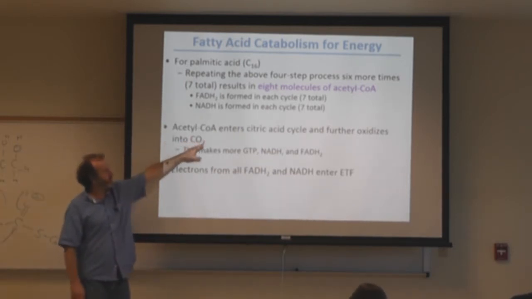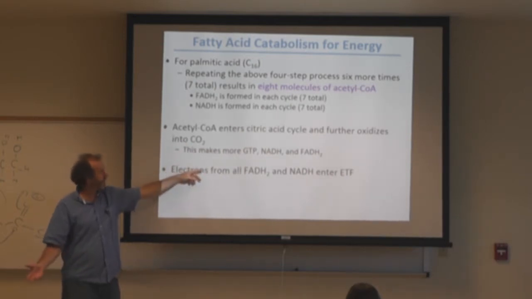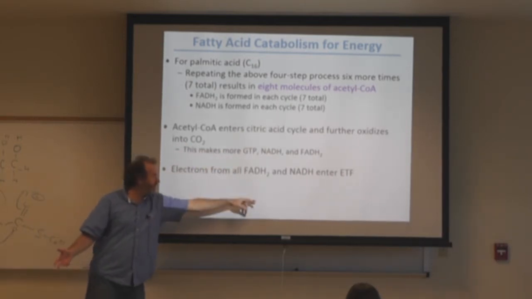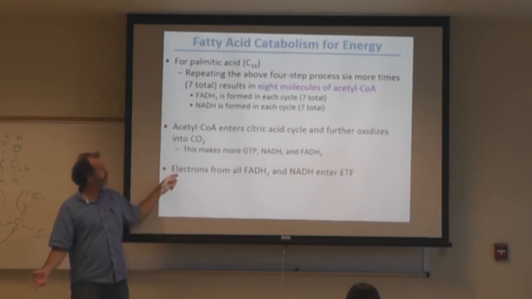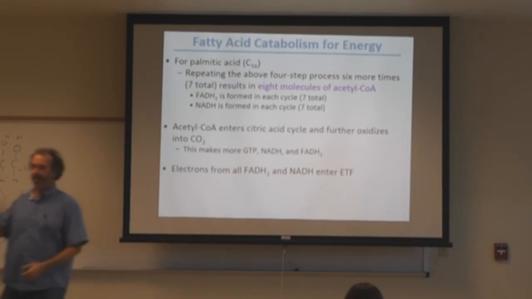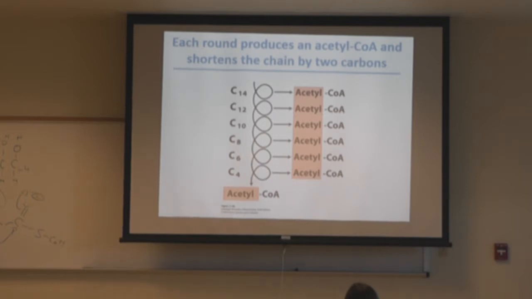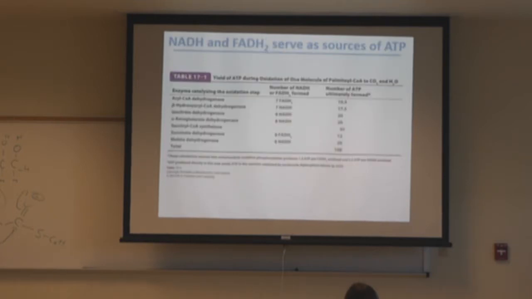And then acetyl-CoA enters the citric acid cycle and further oxidizes into carbon dioxide. And this makes more GTP, NADH, and FADH2. And then electrons from all of the FADH2 and NADH are entering the electron transport chain. So each round produces an acetyl-CoA and shortens the chain by 2 carbons. So beta oxidation, pretty simple.